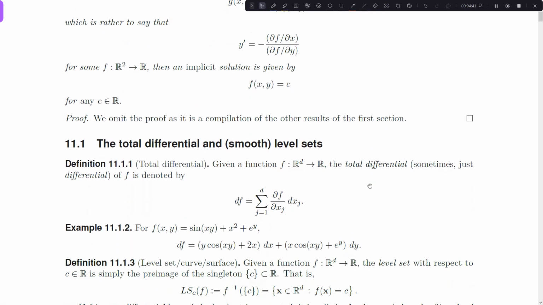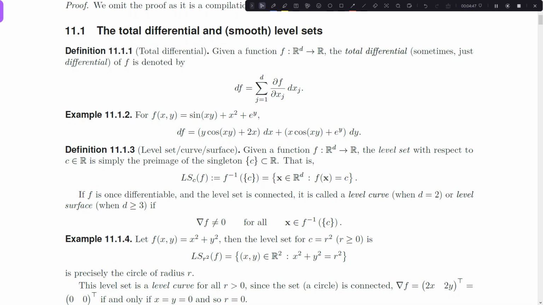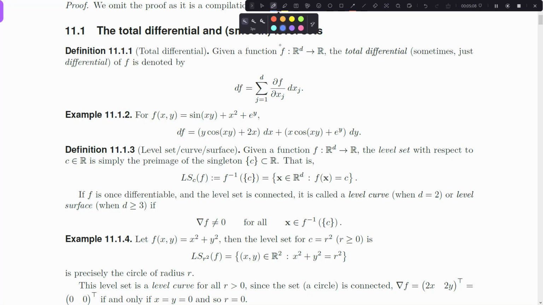So we'll start right here in section 11.1, which is called the total differential and smooth level sets. We're just going to recall this definition that you probably saw in Calculus 3 of the total differential of a function. It gets notated by df, little d, on a function f. And on the right-hand side, we have a bunch of differentials, dxj. Think about this here.